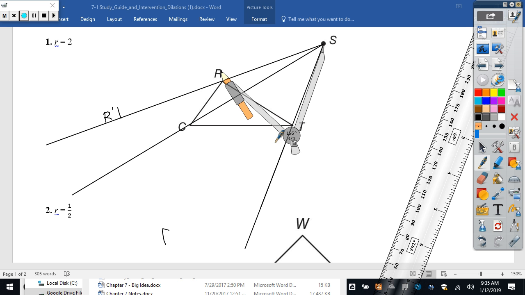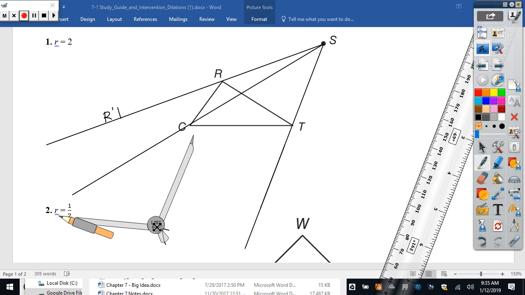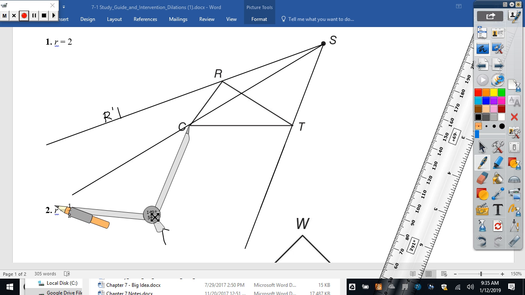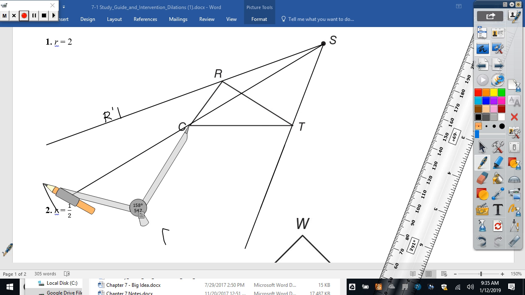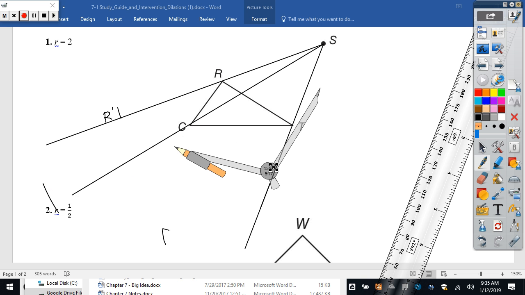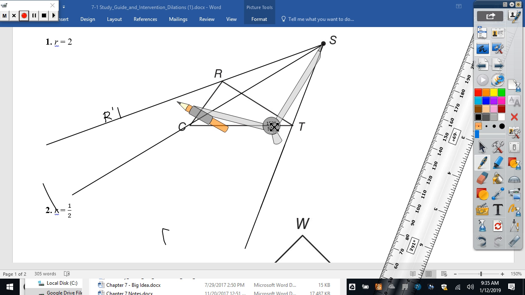I'm going to come back here. I'm going to do the same thing for C. Right about in there. Okay, so I come down here from point C. Now what I notice right now is I haven't gone far enough with my line, so I'll have to come back and make that line a little bit further. Okay.